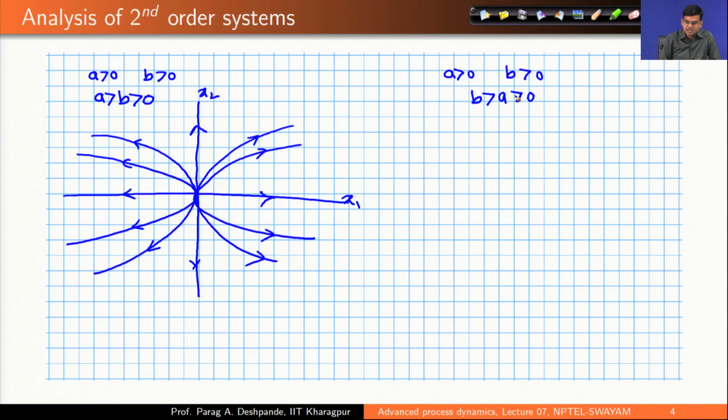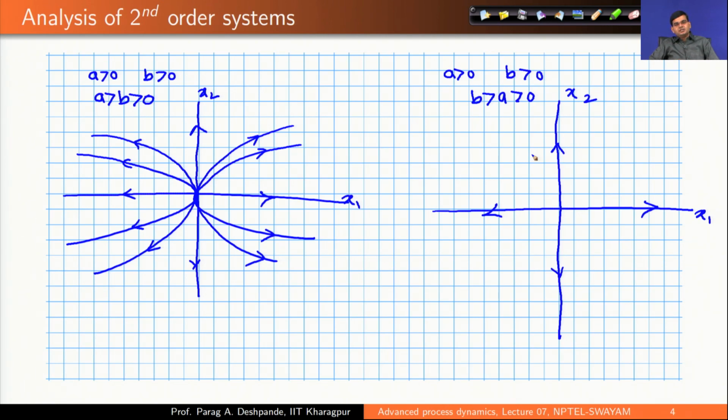in which case we will do the same analysis for the gradient, for the derivative, and then in this case I am pretty sure you would be able to figure out that you will get the phase portrait like this. You have arrows pointing out, and now as time t tends to infinity, the slope should tend to infinity.